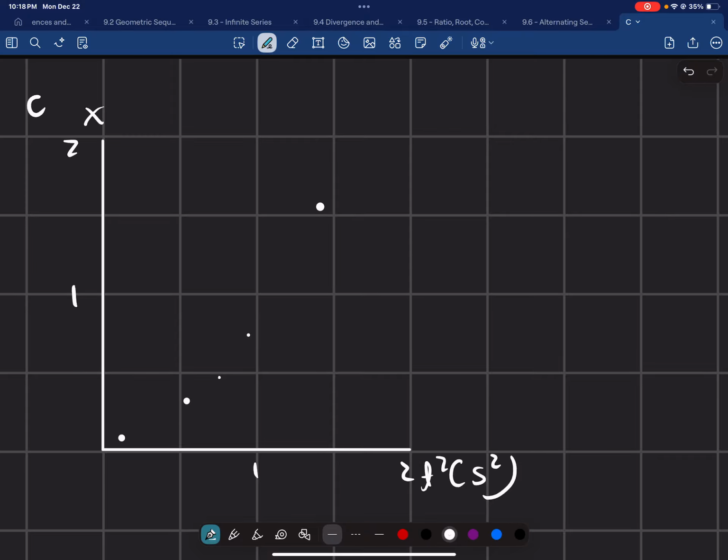And the slope would look something like this.